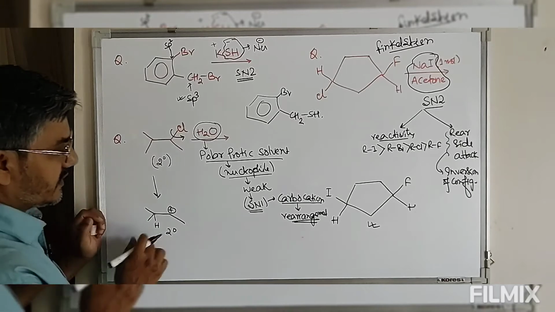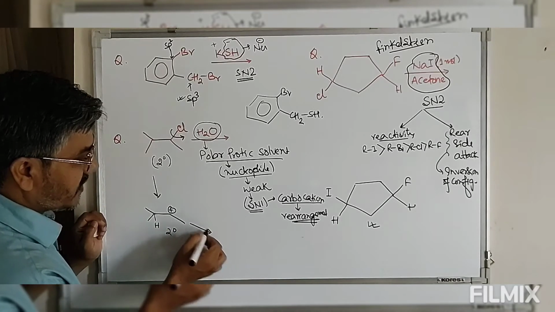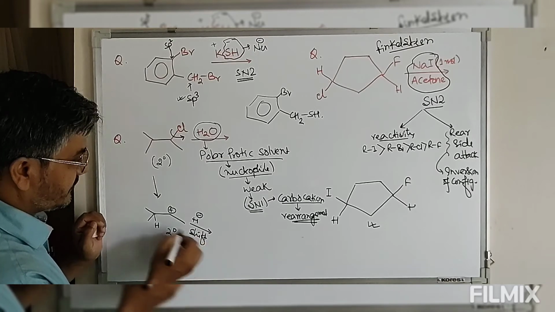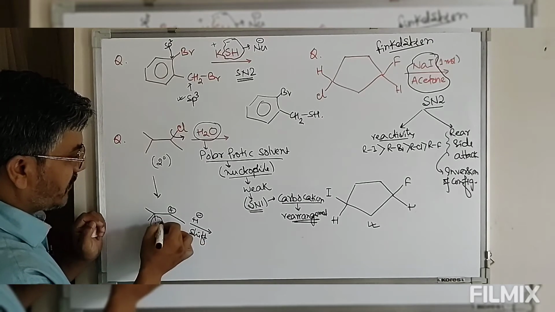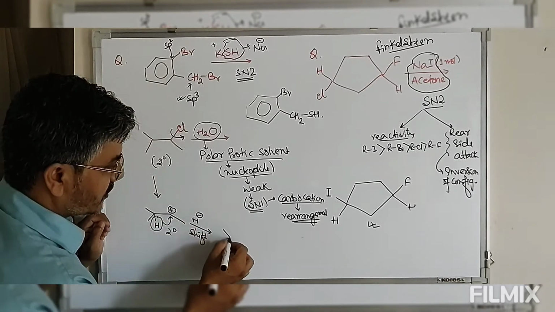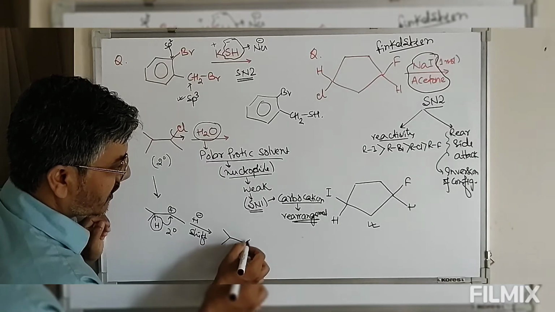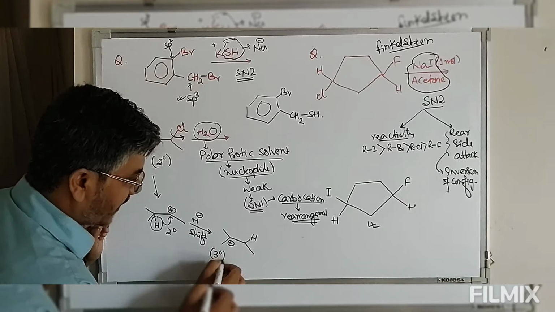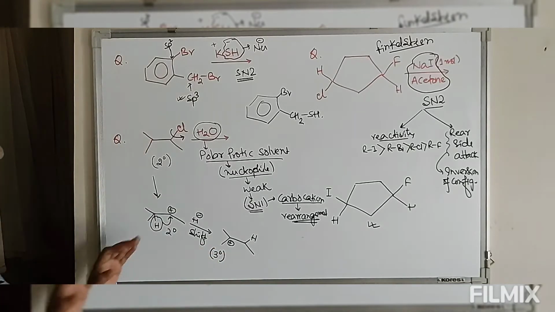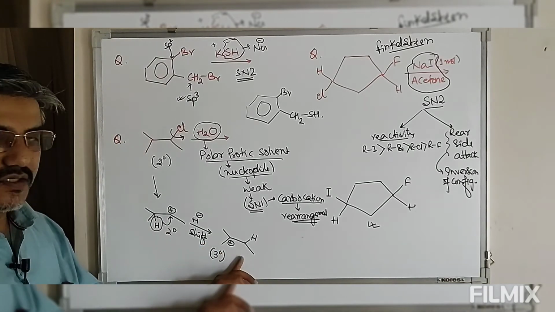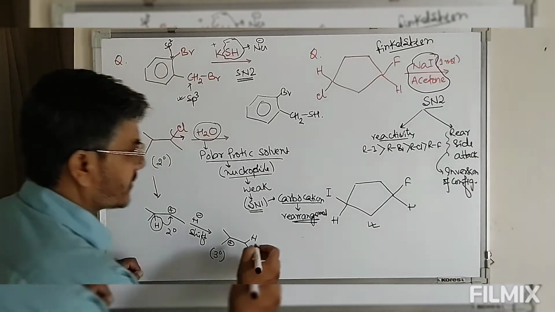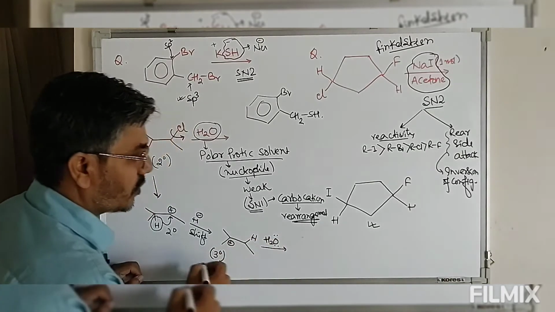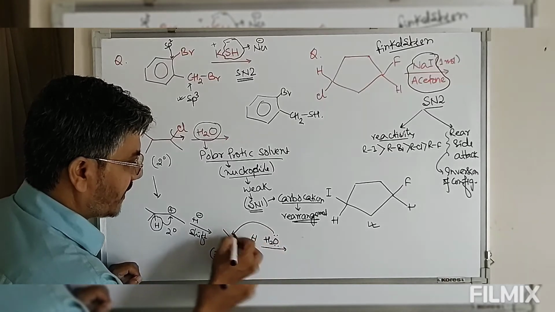Now this secondary carbocation will undergo rearrangement by hydride shift. By this hydride shift, we will have a much more stable tertiary carbocation. So we have this tertiary carbocation. By this hydride shift, the secondary cation is converted into a tertiary cation. Now this tertiary cation will react with H2O. Oxygen, having a lone pair of electrons, will act as a nucleophile and will attack here.